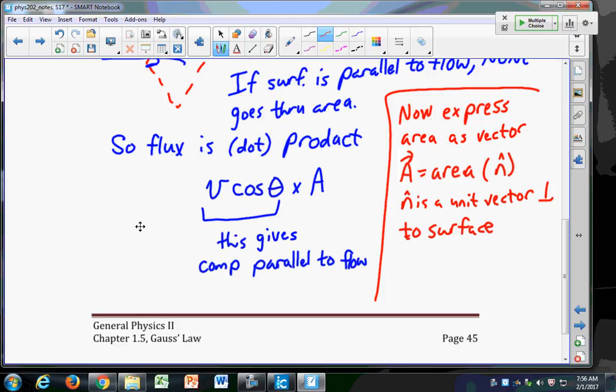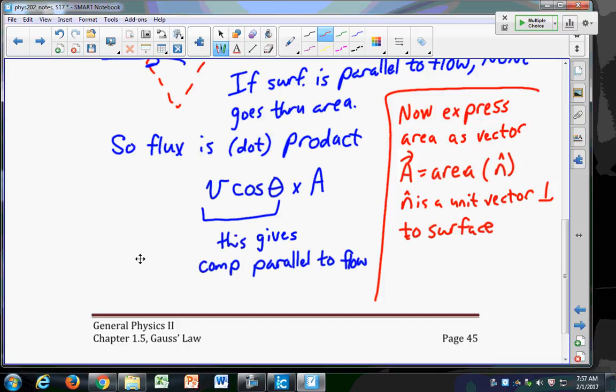All right, so this is my surface, my vector n hat. Remember, we use those hats to denote vectors, usually for unit vectors. So it's just a vector that has a magnitude of 1. It only shows direction. My vector n hat comes out in a direction perpendicular to the surface, which is parallel to the flow. Or we're going to use it for fields. All right, so we express that area as a vector.